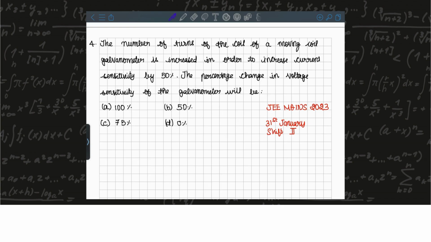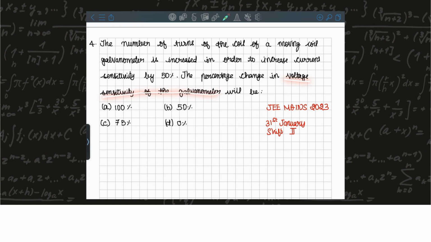The question says, the number of turns of the coil of a moving coil galvanometer is increased in order to increase current sensitivity by 50%. The percentage change in voltage sensitivity of the galvanometer will be. Here are the options. So what are they asking us to find is the voltage sensitivity of the galvanometer.